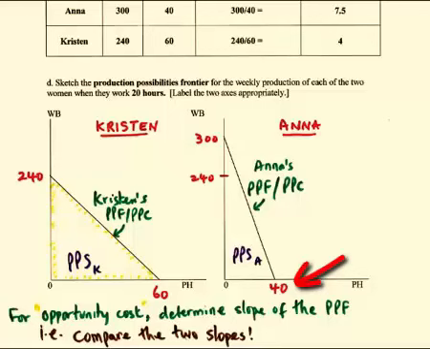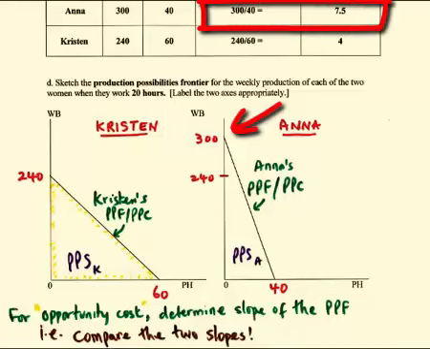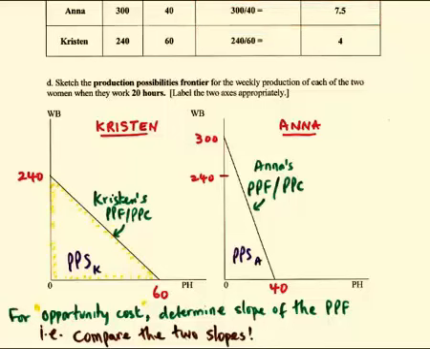So in order to get 40 potholders, Anna has to give up the possibility of producing 300 wristbands. 300 divided by 40 is 7.5, so we say that each potholder has an opportunity cost of 7.5 wristbands. Likewise for Kristen, in order to produce 60 potholders, she must give up the possibility of producing 240 wristbands.